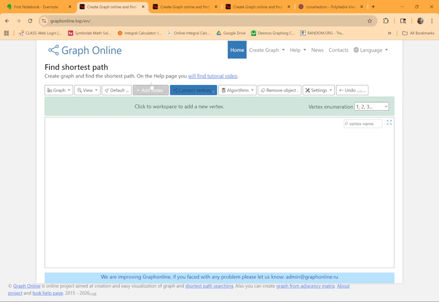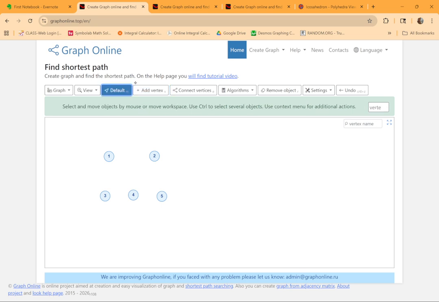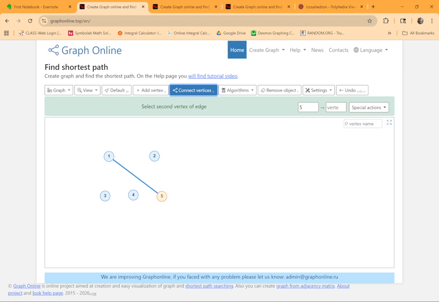Before setting off on that path, let's take a look at when we're dealing with a bipartite graph, say something that looks like this. Now connect these vertices.